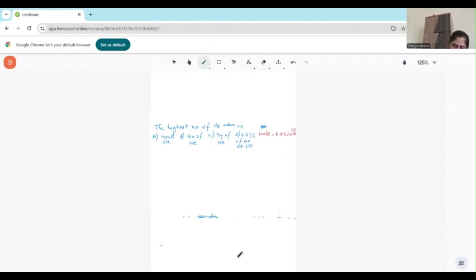So let's find out one by one. Case A: 1 mole has 6.023 times 10 raised to 23, so 4 mole will have how much? X is equal to 4 times 6.023 times 10 raised to 23, which is 24.092 times 10 raised to 23. So these many atoms are there for helium.